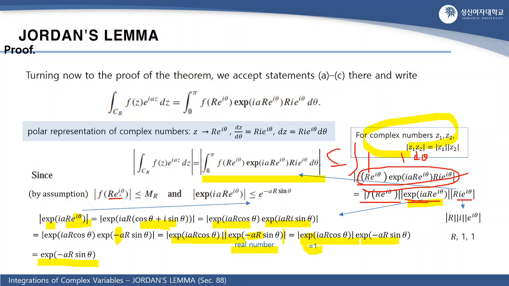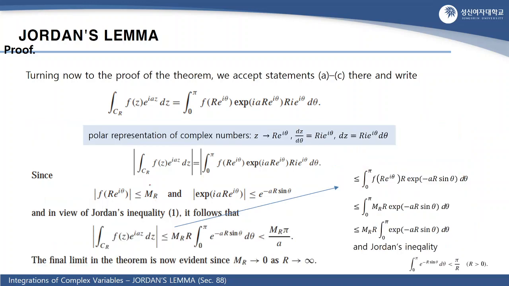So what we can do is say that the function f is less than or equal to M sub R. So, yeah, a bar is omitted here.